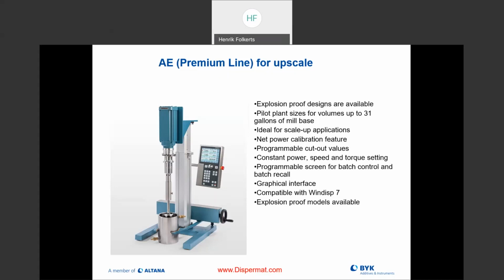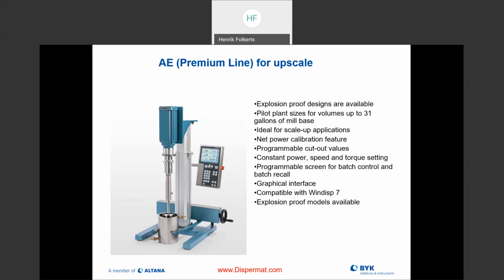So that means if I put 500 watts of energy into my mill base, then my machine will automatically adjust the speed depending on the viscosity change to always maintain the certain amount of energy that I'm putting in. So if my material gets more viscous, my speed will drop because I'm maintaining the 500 watts of energy, for example.